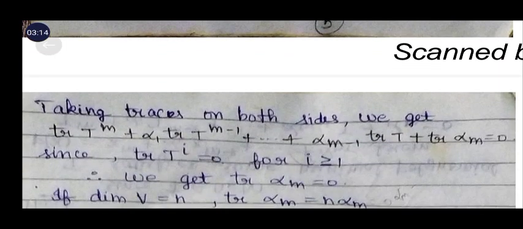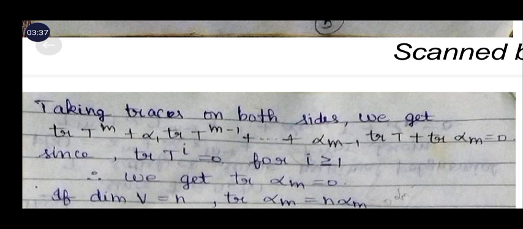Taking traces on both sides, we get trace of T power m plus alpha 1 trace of T power m minus 1 plus and so on plus alpha m minus 1 trace of T plus trace of alpha m equal to 0.